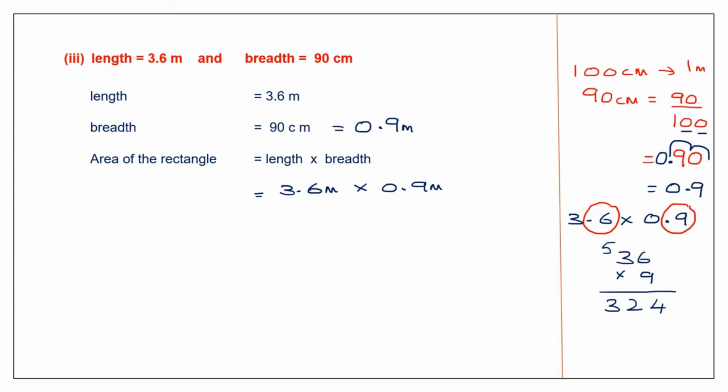So there are two decimal places. That means after the point in our answer, there should be 2 digits. So the point comes here. So what do we have here? We have 3.24. Now this is the area of this rectangle and our units will be meter square. So our final answer here is 3.24 meter square.